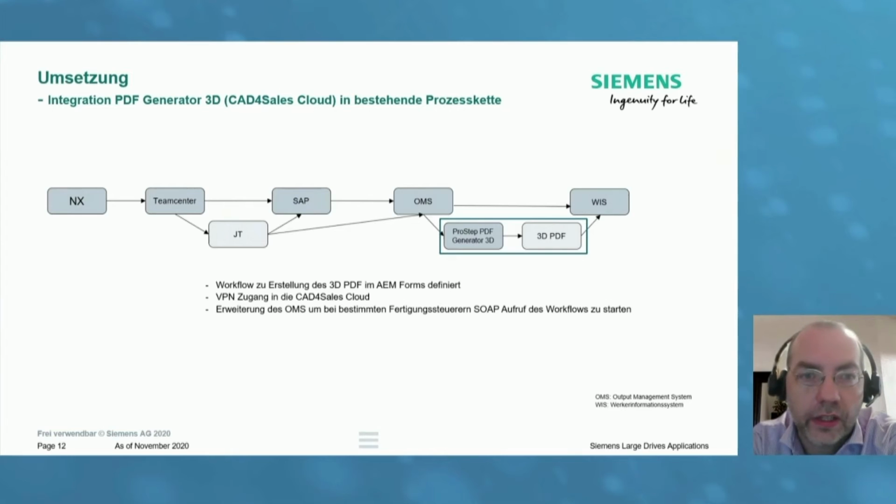Looking at the process, that was a very small problem. It's an output management system. And should there be a JT at each workplace, the 3D PDF is generated using the PROSTEP PDF generator. We've defined a small workflow. Of course, we need a VPN access for this cloud, and the OMS had to be expanded accordingly.